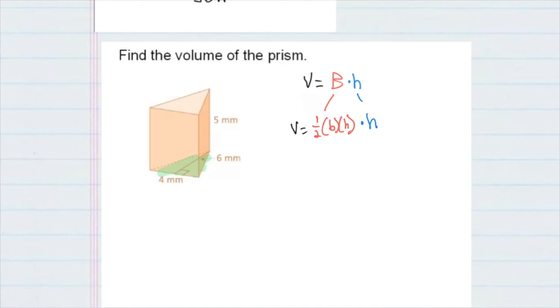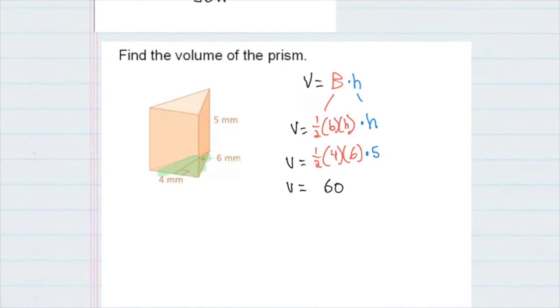Now we know what these numbers are, so we substitute in. Volume equals 1/2. The base of the triangle is 4 millimeters, so I'll put in 4. The height of the triangle is 6 millimeters, so I'll put in 6. And the height of our larger figure is 5 millimeters, so I put in 5. Now I multiply this out. 1/2 times 4 is 2, times 6 is 12, and then 12 times 5 gives you 60.